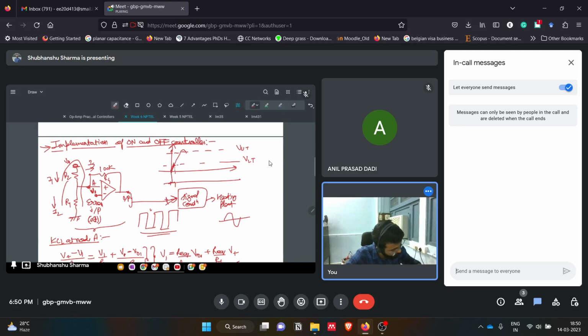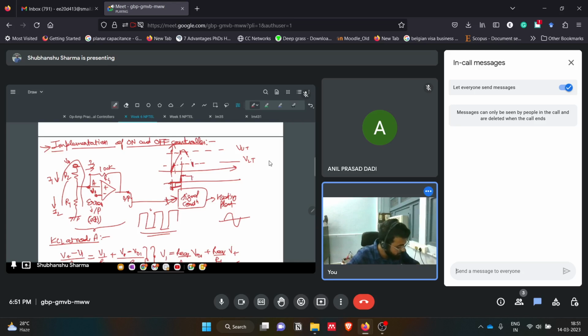Once it goes above the upper threshold, it will be in the high state, and it will remain high until it again crosses the lower threshold.